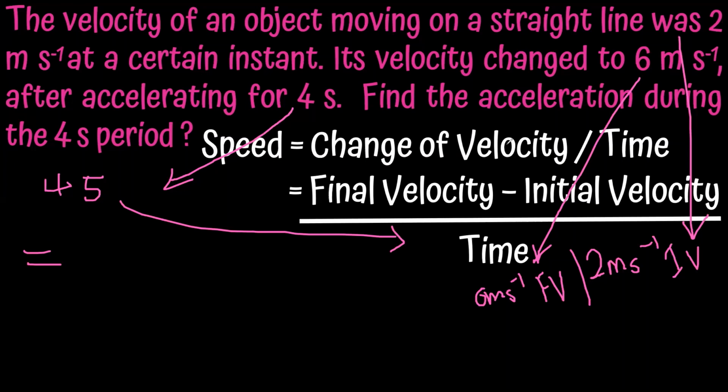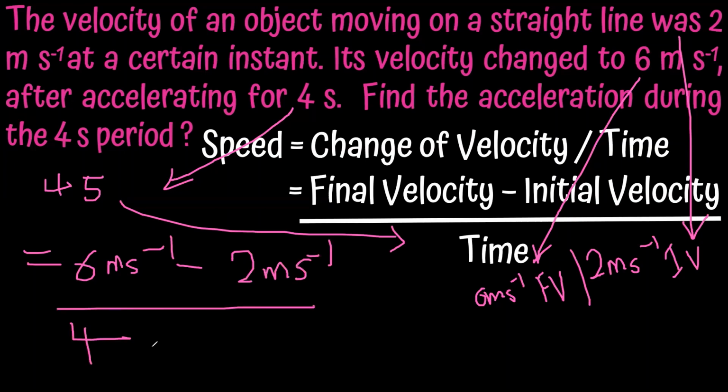So easy. Change of velocity is final velocity minus initial velocity. So final velocity is 6 ms minus 1. Initial velocity is 2 ms minus 1. And the time is 4 seconds. 6 ms minus 1 minus 2 ms minus 1 gives 4 ms minus 1, over 4 seconds.